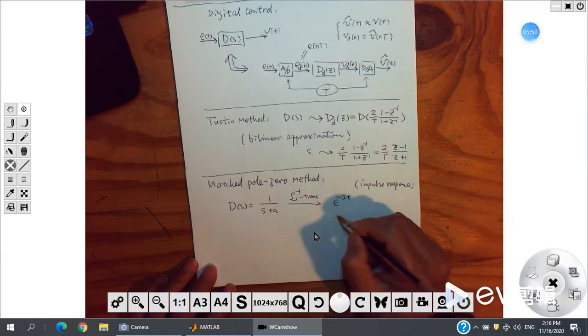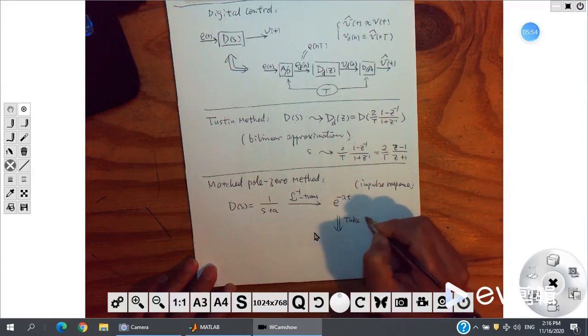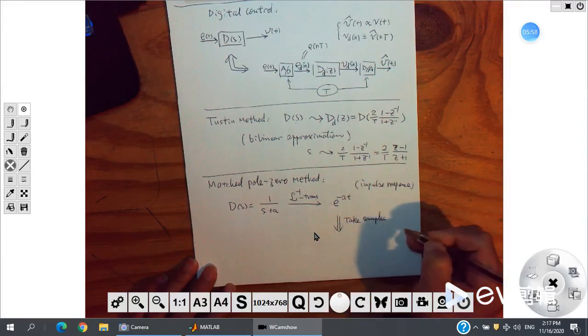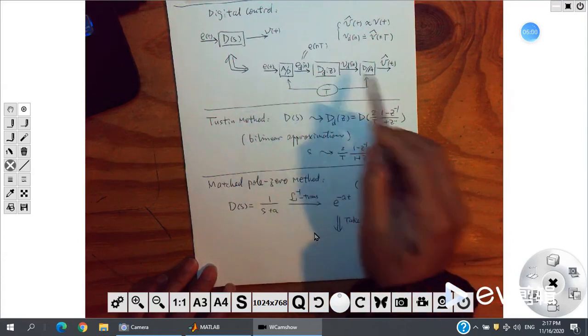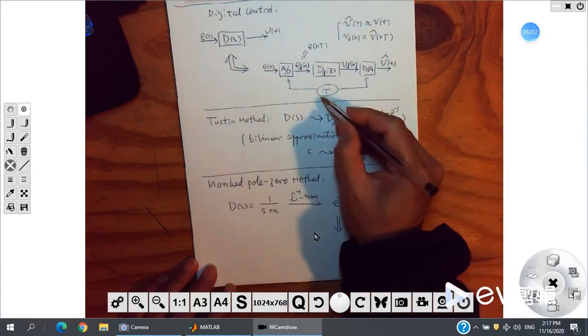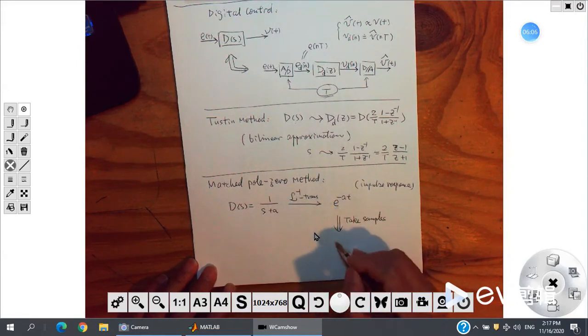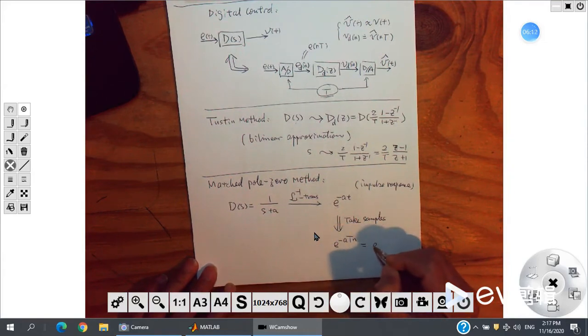Then we take samples with sampling period capital T. So we take samples of this, and I have e to the negative a t n, which is e to the negative a T to the power n.